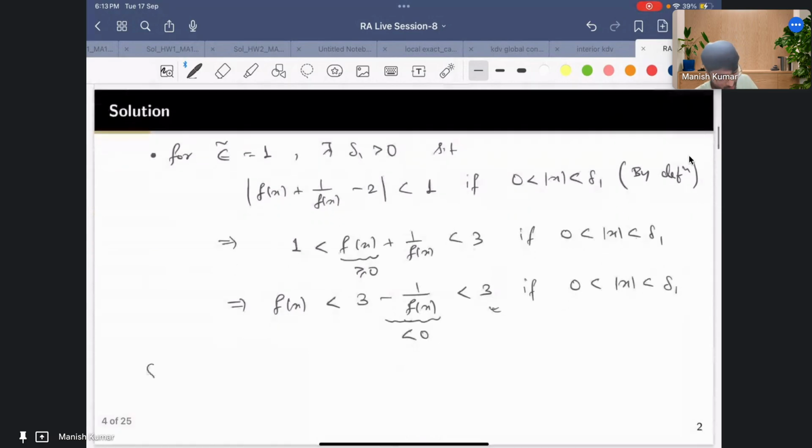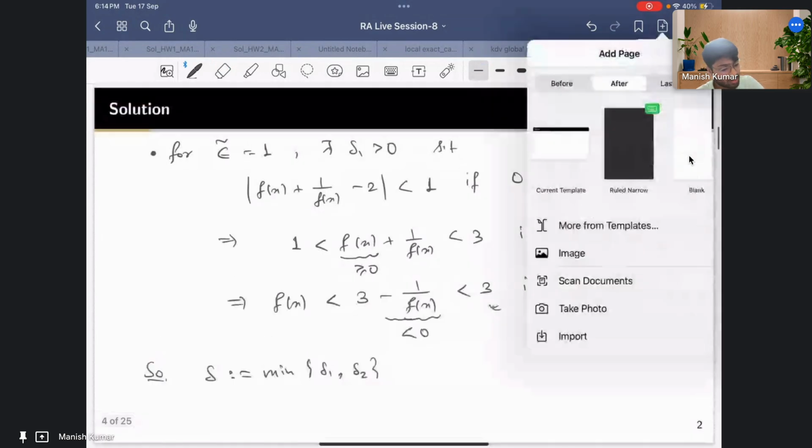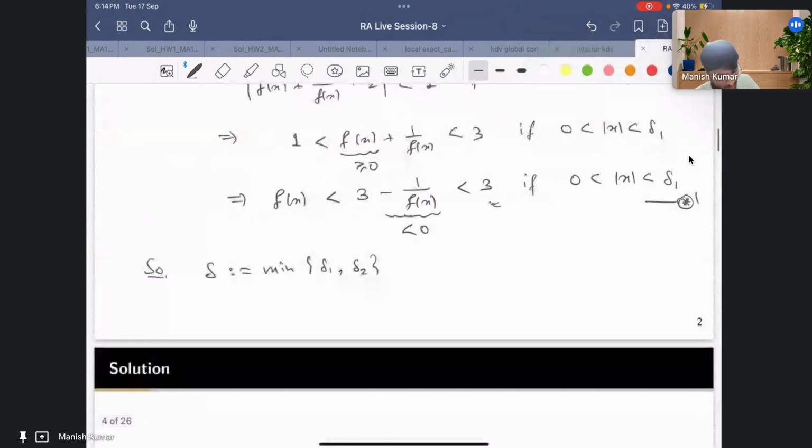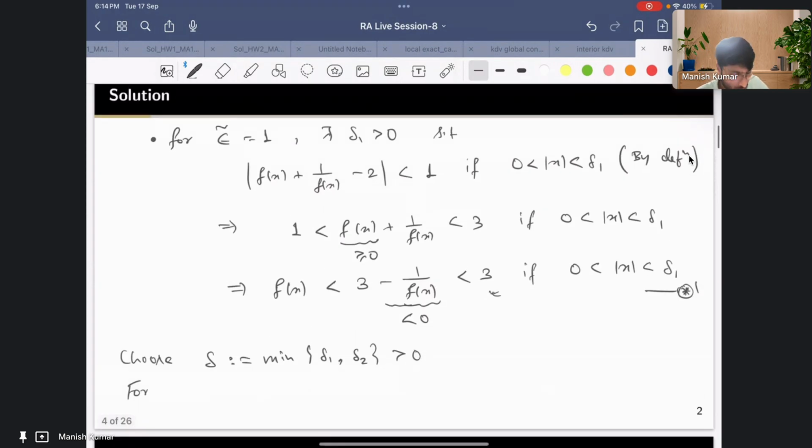So let us choose delta, which is the minimum of delta naught and delta 1. Let's say this is star dash. Then star and star dash will hold for this. So choose delta to be like this, which is strictly positive, the minimum of delta naught comma delta 1. Sorry, I had written delta 2 earlier.